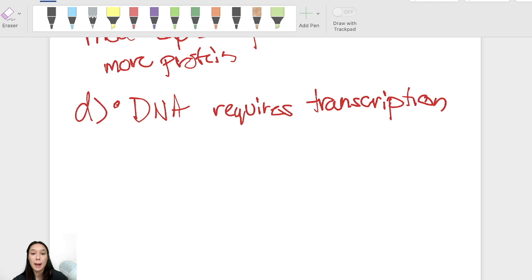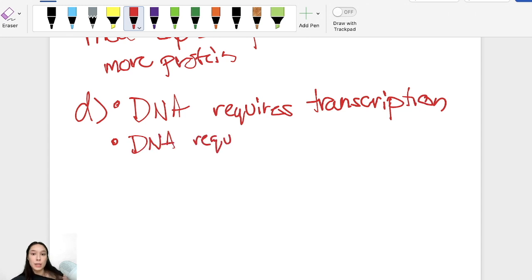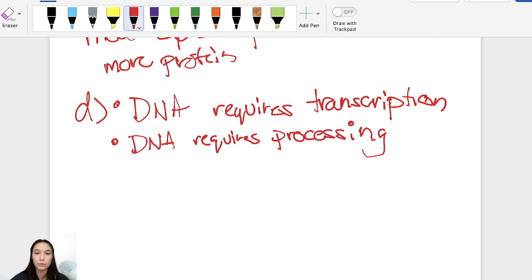You can also say post-transcriptional processing: DNA also requires modification, so you're skipping any potential error there. DNA requires processing. mRNA does not require processing because they're already injecting it as the full tail, cap, and everything.